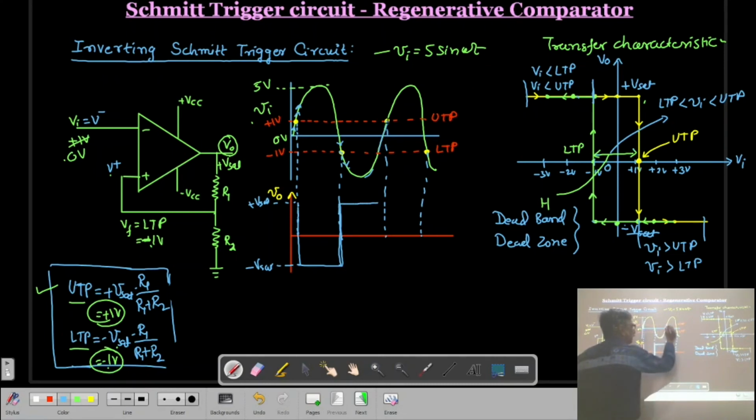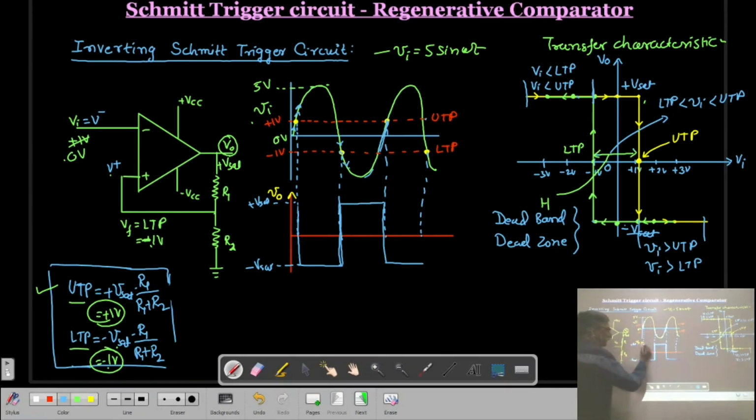Now here what will happen? For all these points, my input voltage is between the LTP and UTP, so it is not changing state and will remain in the previous state. Again, it is crossing the UTP, so the output changes from plus V saturation to minus V saturation. Here, for all these values, the input voltage is greater than the UTP, so we have minus V saturation.